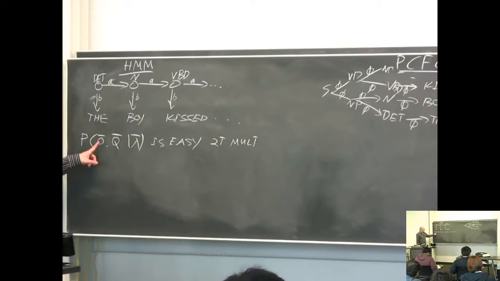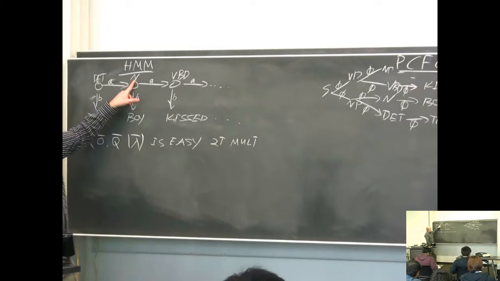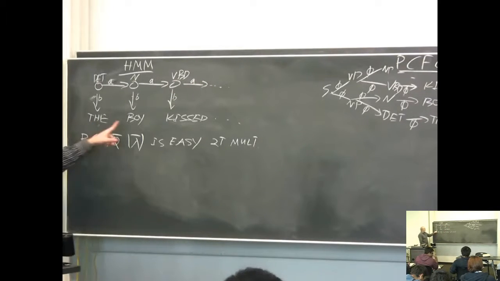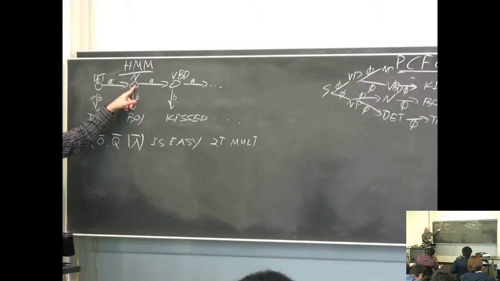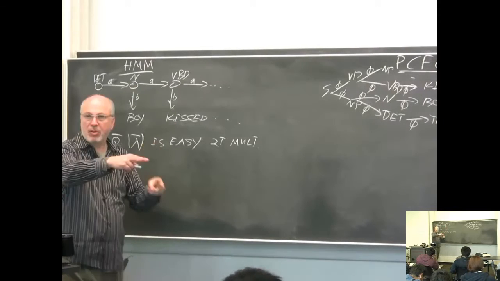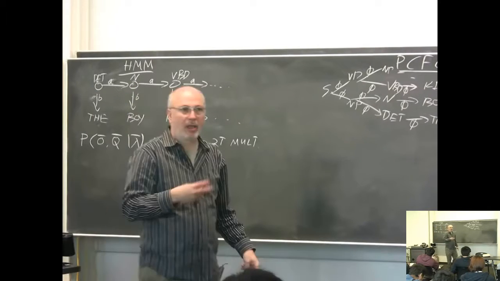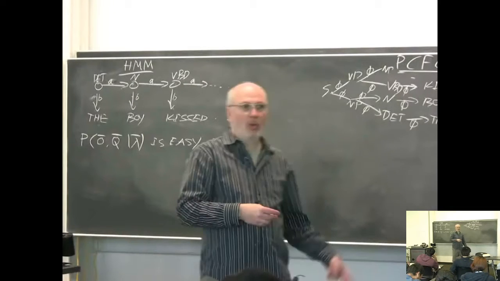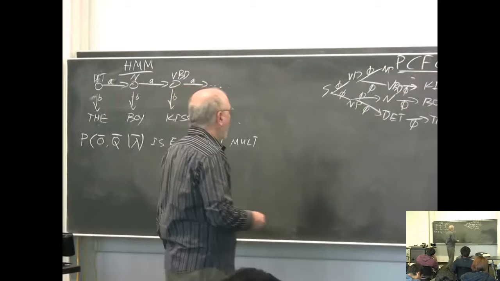Because you take the Q sequence, which is written here, and you take the O sequence, which is written here, and you basically calculate B times A times B times A times B times A, right? This long sequence takes 2 times T multiplications. Easy. What would be the equivalent here?